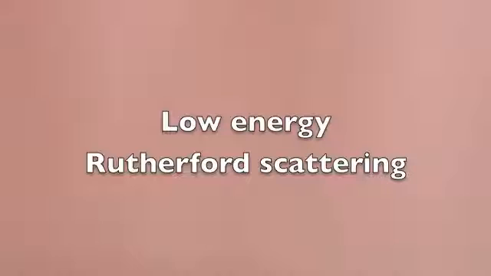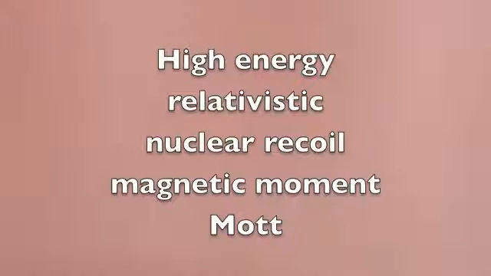Now the point about electron scattering is this, that if you take low energy electrons, then they broadly behave in the same way that low energy alpha particles behave. That is to say, they never get close to the nucleus, they are simply deflected away from it. And so the Rutherford scattering formula works perfectly fine. For high energy electrons, as we've seen, they become relativistic.